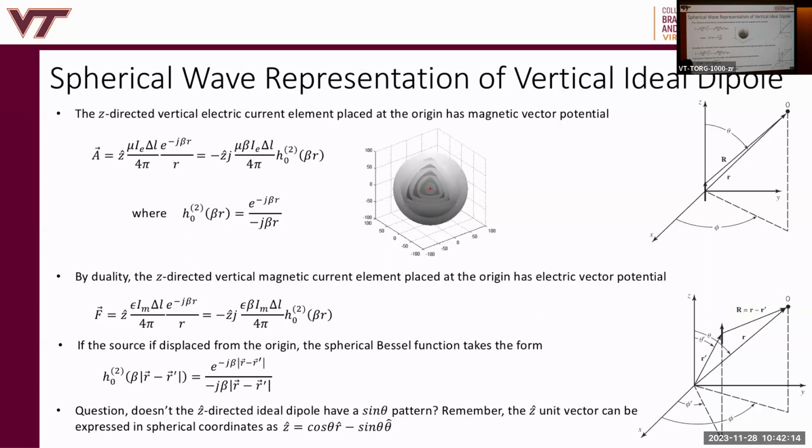Then we have to transform this z hat unit vector in terms of R and theta, which has this expansion here. So then we introduce the sine theta pattern in tangential components. So it does agree with physics. All right, that's the spherical wave representation of a vertical ideal dipole.